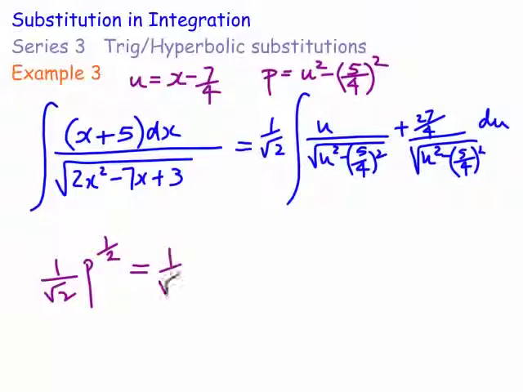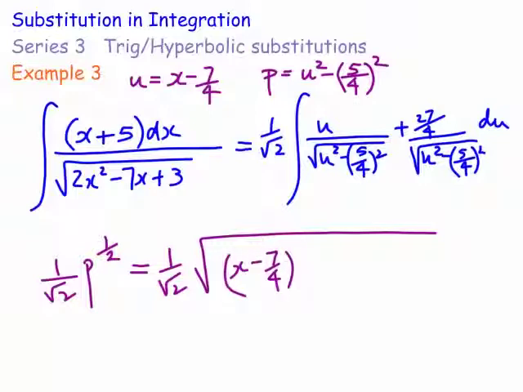The first thing is we put in p, so it's going to be the square root of, now p is actually (u squared minus 5 on 4) squared, and u is actually equal to x minus 7 on 4. So p is equal to u squared, where u is x minus 7 on 4, and then we have a minus 5 on 4 all squared here.